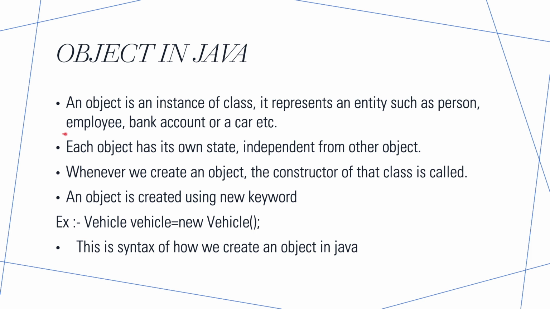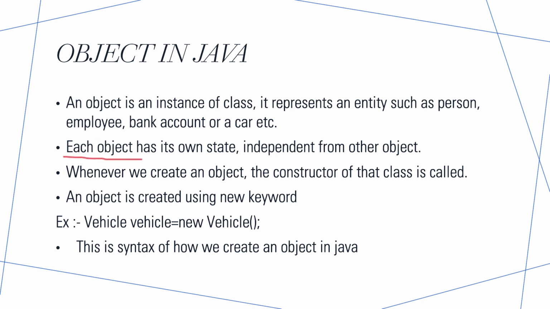Like we have discussed about the Employee class, we can create multiple Employee objects using different employee names. So in a company we can have multiple employees, and all those employees have different names. So we can create multiple objects of Employee using that Employee class.